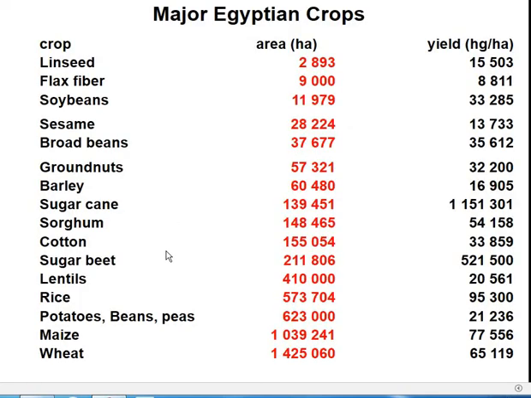As we know, Egypt has about 8 million cultivated feddans. 6 million of this cultivated area is cultivated by crop production.